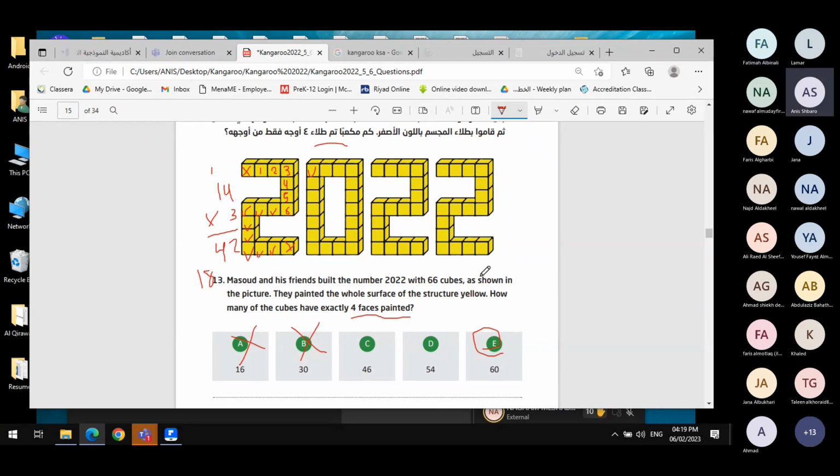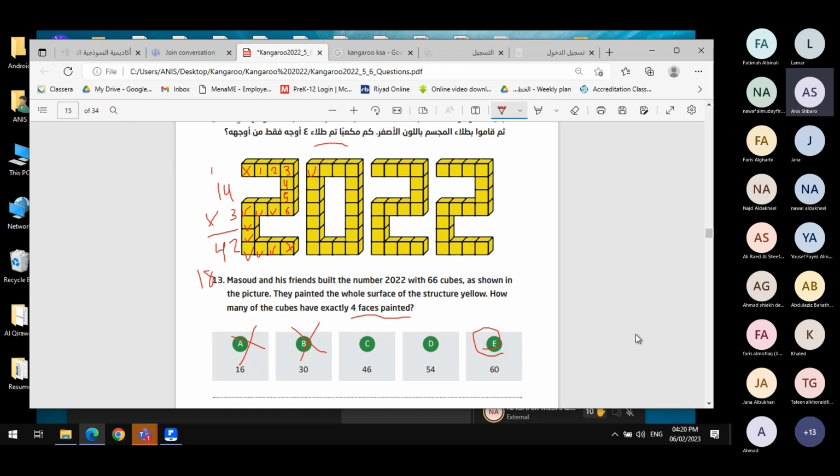Mister, how do we know if this one's wrong or this one's right? We want to imagine, so they asked for 4 faces painted. The first one was wrong because we know that there's a face here and a face back, so 2 faces, one on the top, one on the bottom, so we are going to have 4 faces and one on the left. So 5 painted faces. And remember the small rule, that each cube has 6 faces.